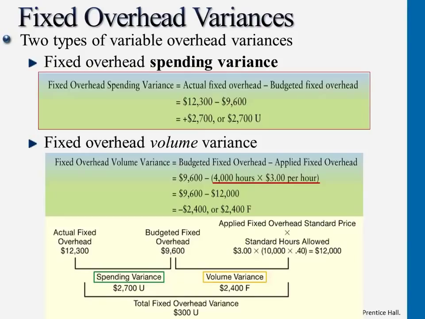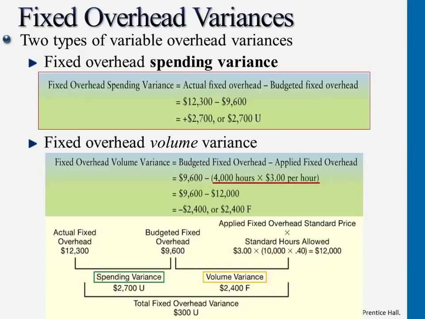What we call volume variance for fixed overhead here, we're just comparing the 9,600 against what could have happened if we still used the standard price for the fixed overhead, which is $3, times the 4,000 hours that workers could have been using. Okay, this part here may be a little bit tricky to understand, but basically, the first part, spending variance, is just the difference, the total amount between the actual and flexible.